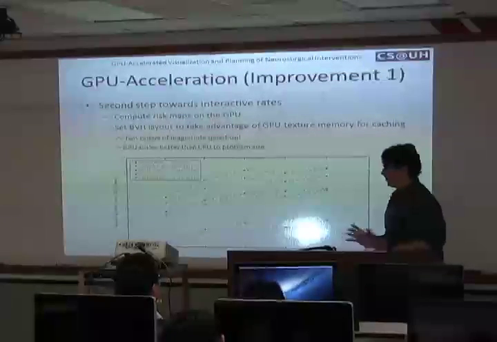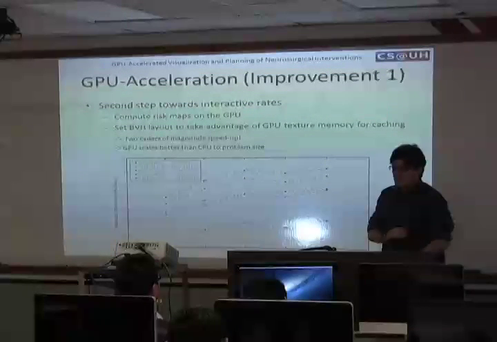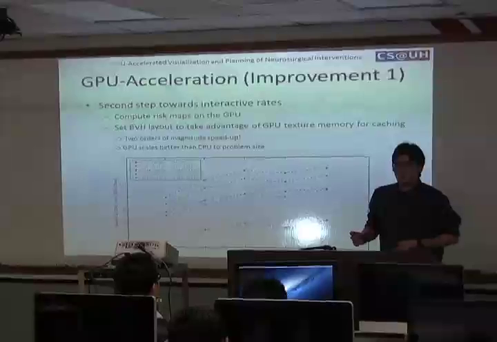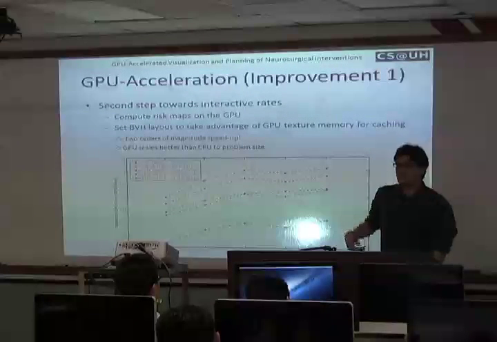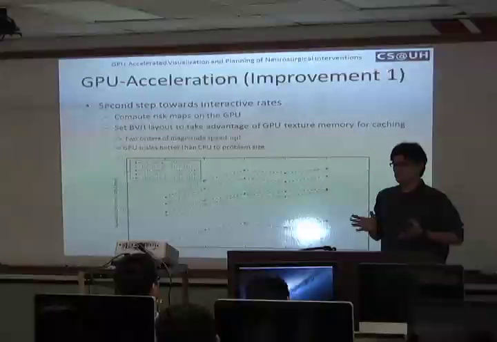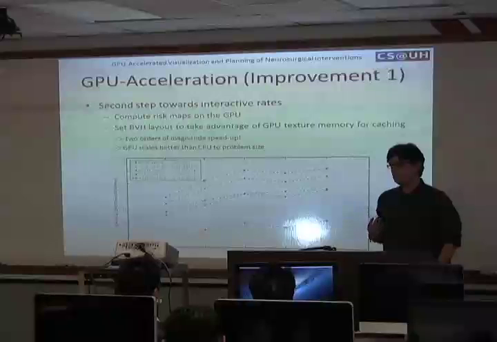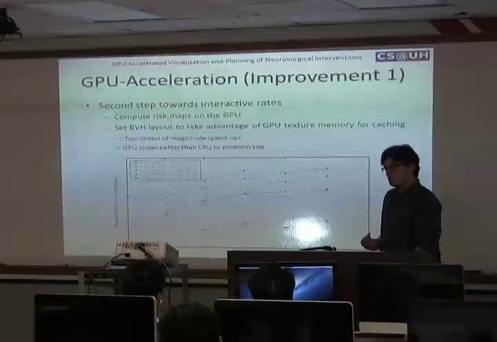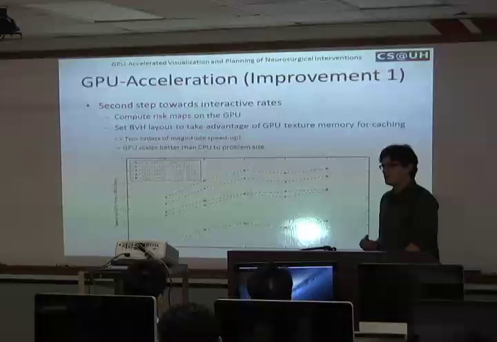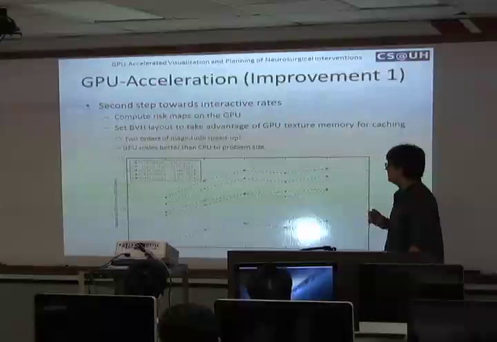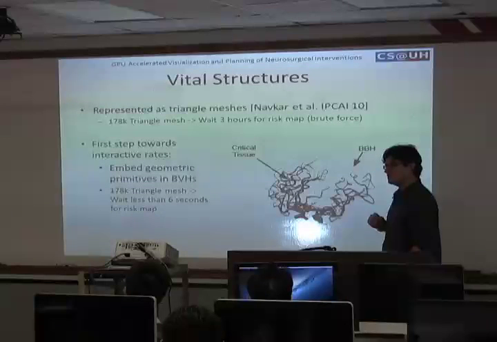The second thing we implemented on the GPU, with a very efficient BVH traversal that exploits GPU texture memory for caching. So you have basically two tricks. One was a hardware trick, the one inside the GPU. And the other was an algorithm. Can we go back to the algorithm trick? Can you explain again what was the algorithm trick?